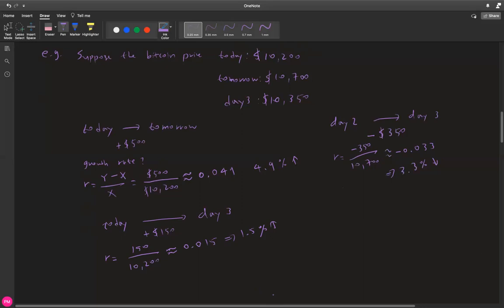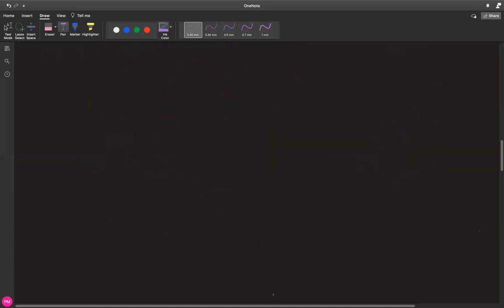So let's do some recaps and a few definitions.